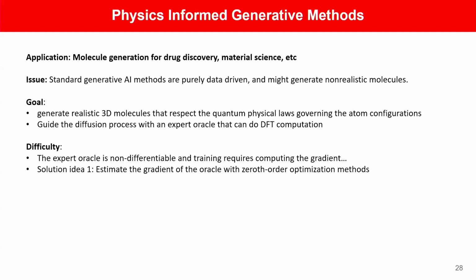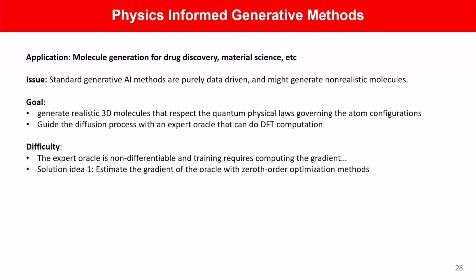The problem is that it's a simulation, right? Whatever you generate, you have to run these complicated calculations that calculate the energy levels. And that's not differentiable. So it's not obvious how to extend diffusion models, where we need differentiable neural networks, with something that's not differentiable. There are two ideas that you can do. One of them is that we can try to estimate the gradient where the gradient is not available.